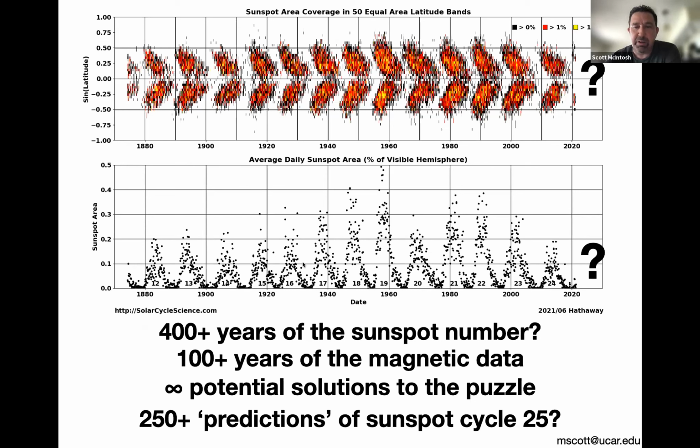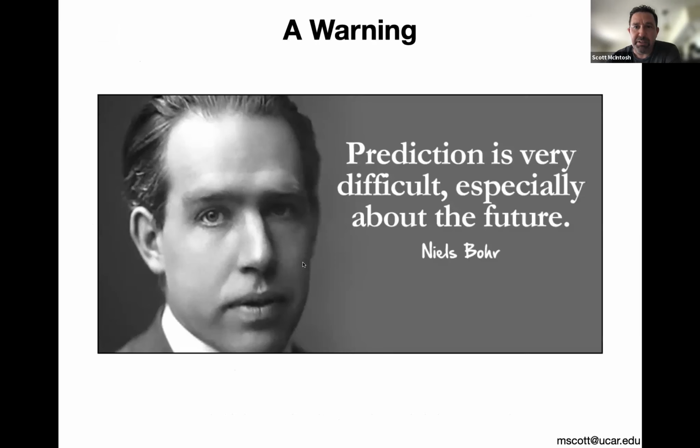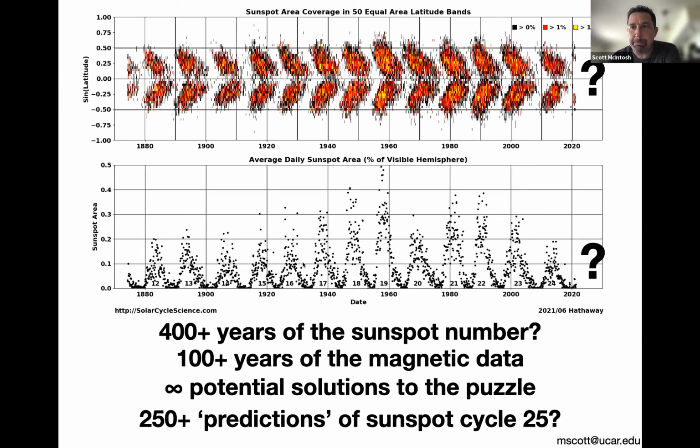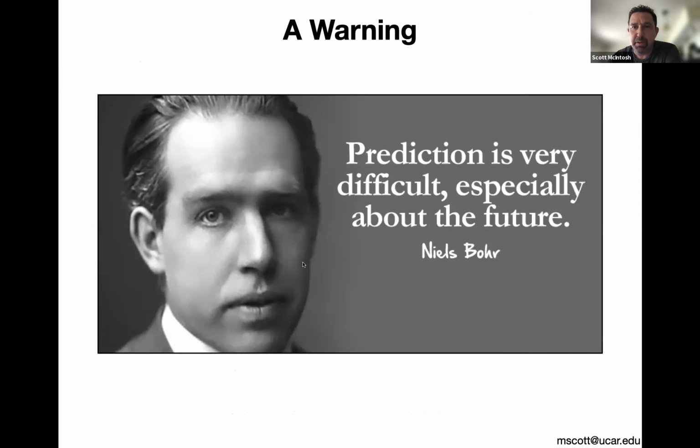And it leads to, well, this is a bit of an exaggeration, many, many predictions of what the upcoming sunspot cycle is going to look like based on that prior information. So before I go on, are there any other questions? No, all fairly straightforward.